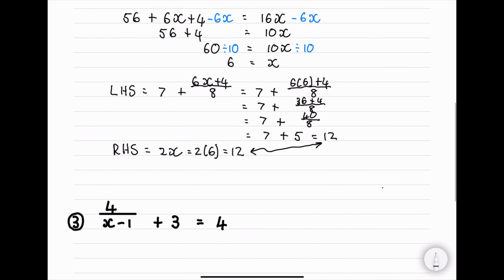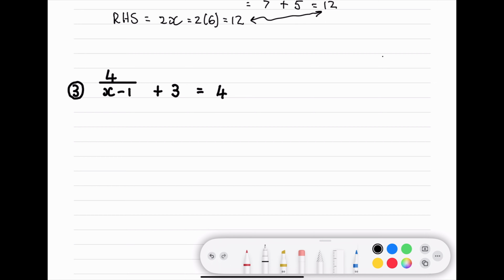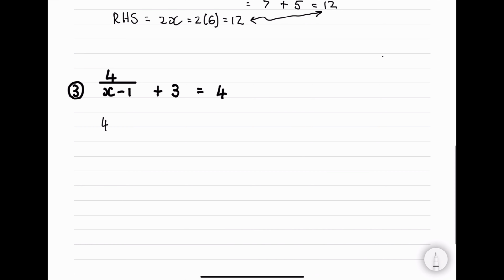Okay. Moving on to the last example, which is the most difficult one here. You can see that the x is in the denominator. And what you would do here is as follows.